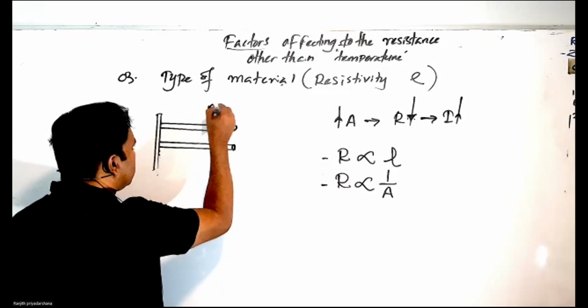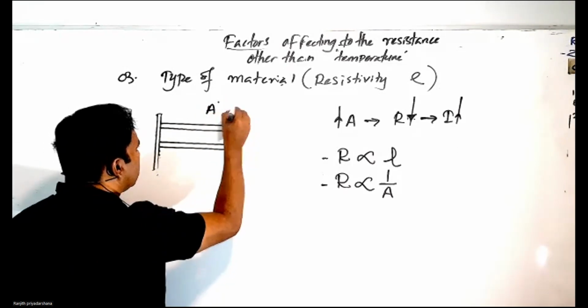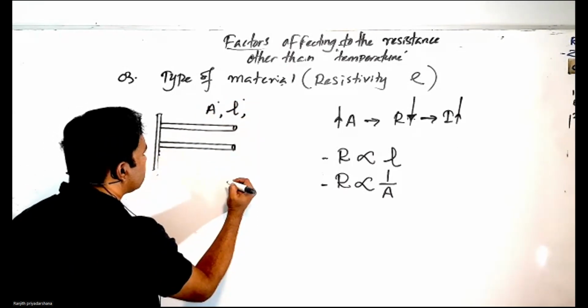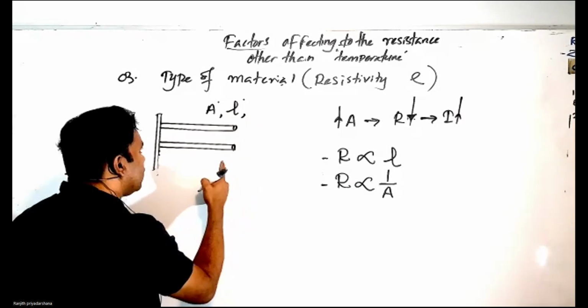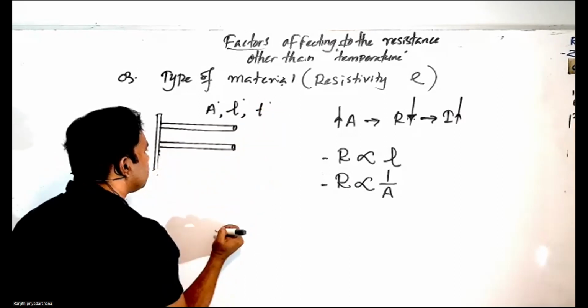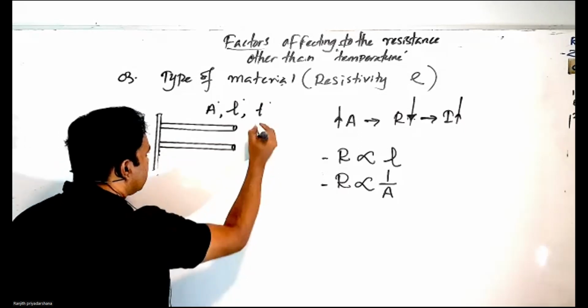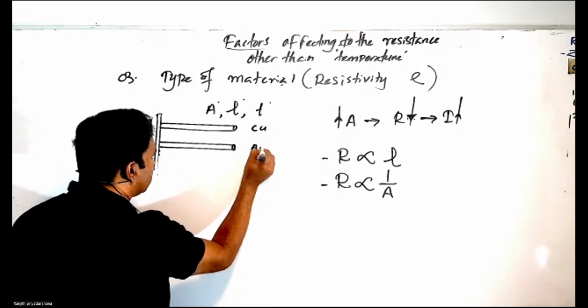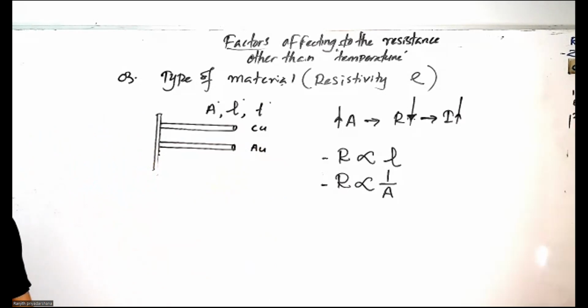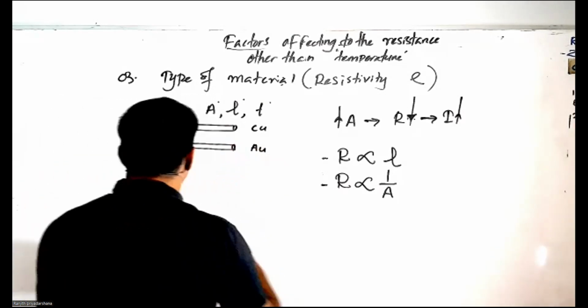Area is constant, length is constant, and temperature is constant. But this is copper, this is gold. The type of material has been changed.